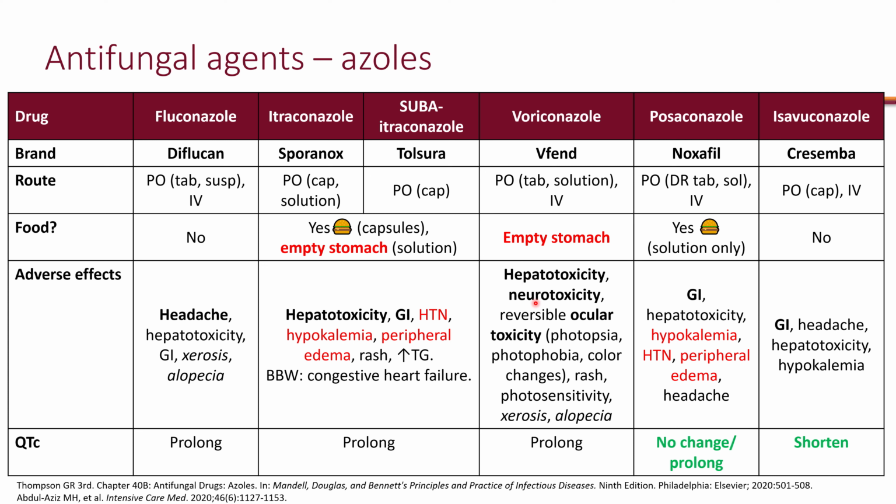It can also lead to neurotoxicity, specifically reversible ocular toxicity such as photopsia, photophobia, and color changes. It can also lead to rash and photosensitivity, and with long-term use, similar to fluconazole, can lead to cirrhosis and alopecia, and it also causes significant prolongation of QTc.